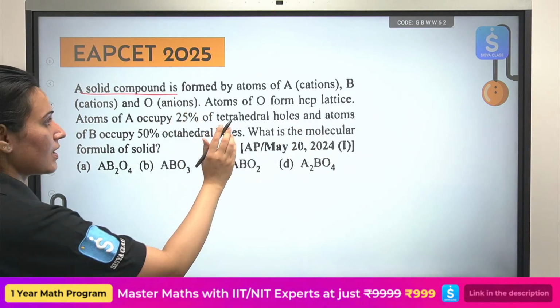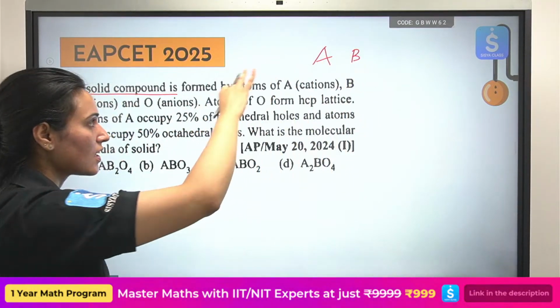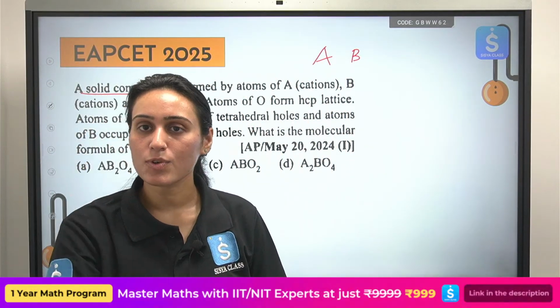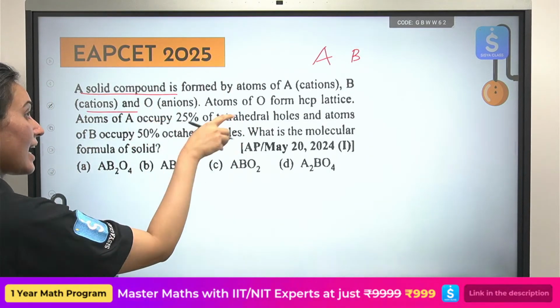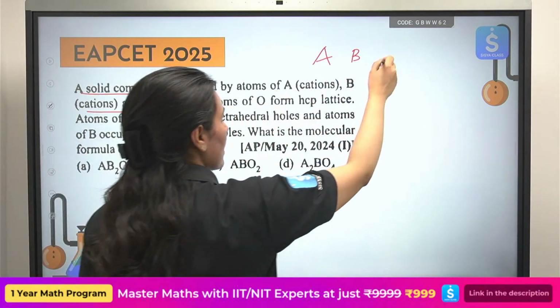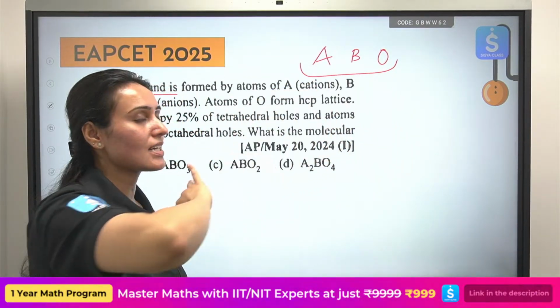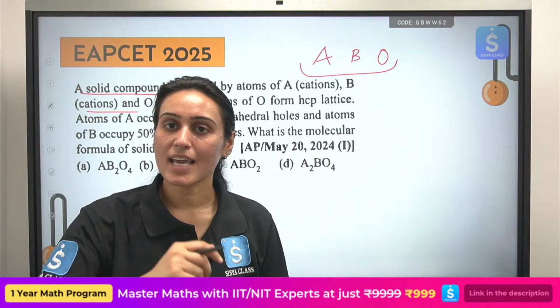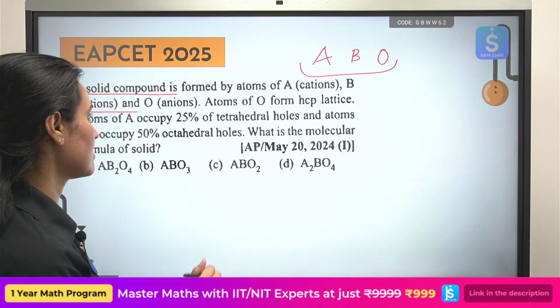There is a solid compound which is formed by cation A and anion B. We don't know what is the exact formula. We have to determine that. Okay, so you have cations A, you have cations B also, and you have some anions oxygen.